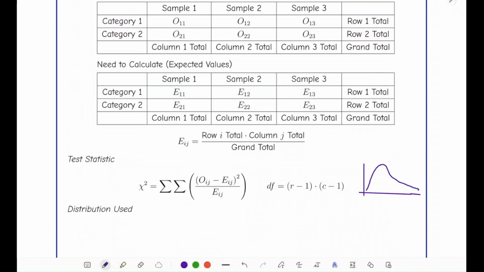And then also, just like ANOVA, because we want to test whether this is bigger than expected, because if the observed values are close to the expected values, this will be a small number. If the observed values are far away from the expected values, this will be a large number. So we're looking for large numbers to reject the null hypothesis. So this is always right-tailed.